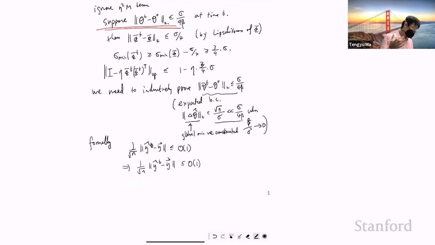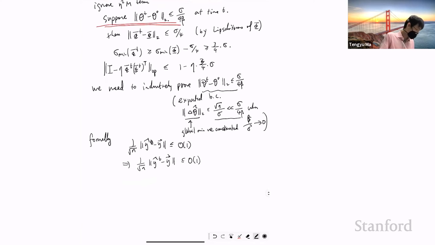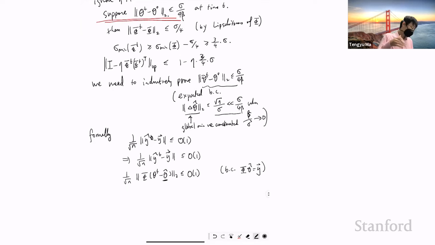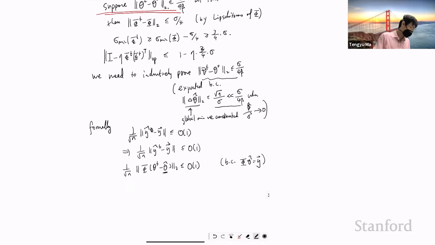And if for every time t you have this, then it means that square root n times the 2 norm of phi theta t minus theta hat is less than O of 1, because theta hat is the ground truth. So this is because phi theta hat equals y vec. Theta hat is the one that we constructed last lecture.